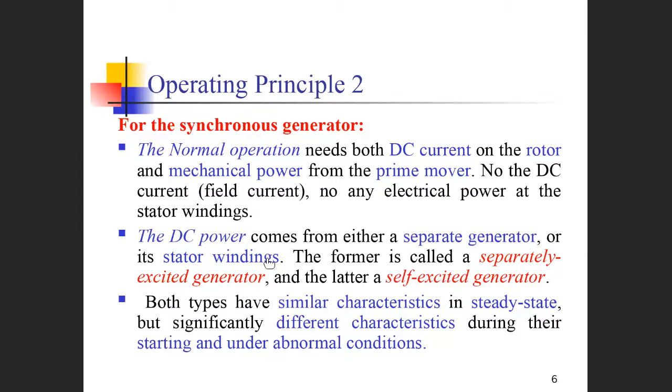If the DC power used to produce the field comes from a separate source, whether a magnet, a battery, or a separate generator, we call it a separately excited generator.